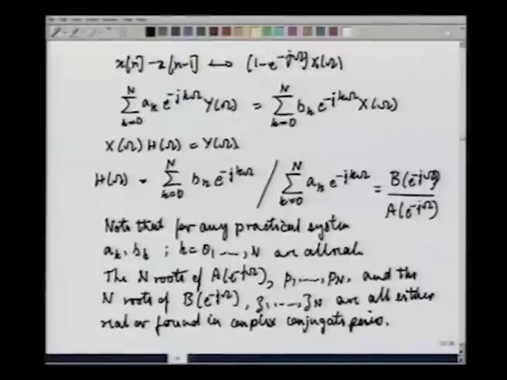In short, if a_k and b_k have to be all real, there is no choice but for these roots to be real or in complex conjugate pairs.